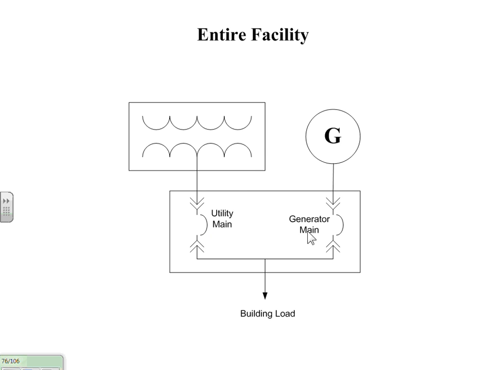Utility again is available, so the controls in the paralleling gear start tweaking the generator back into sync, closes the utility main now. Both breakers are closed, supplying load. Load ramps off the generator set, opens the generator breaker, times down for cool down, and we're good to go. All things as they were before.